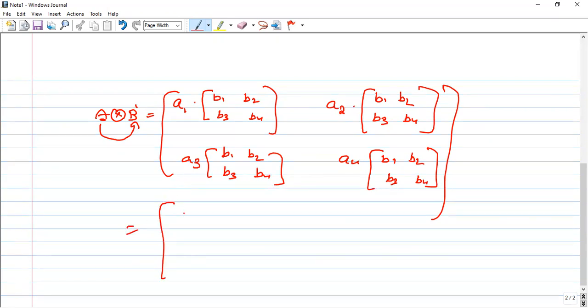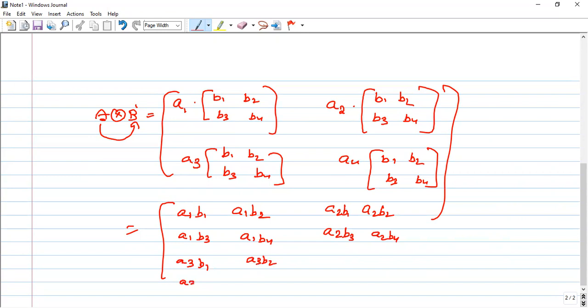Then what is the final answer? A1 into B1, A1 into B2, A1 into B3, A1 into B4, A2 into B1, A2 into B2, A2 into B3, A2 into B4, A3 into B1, A3 into B2, A3 into B3, A3 into B4, A4 B1, A4 B2, A4 B3, A4 B4.